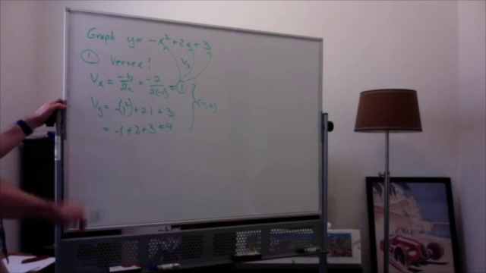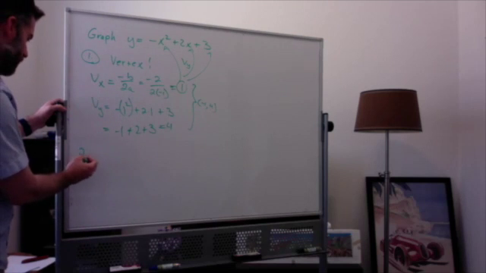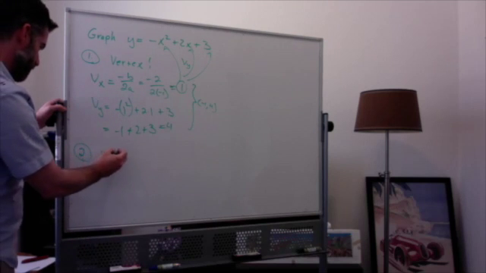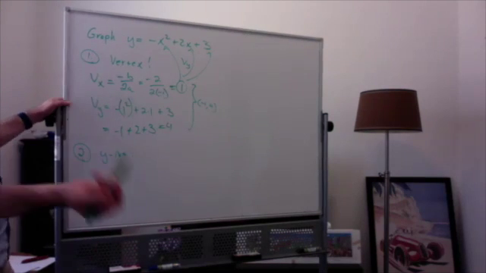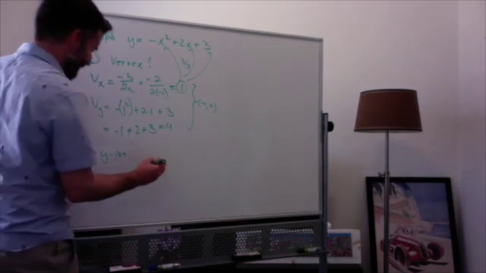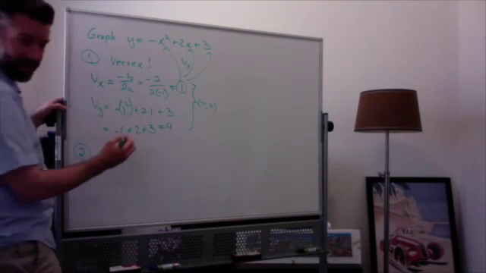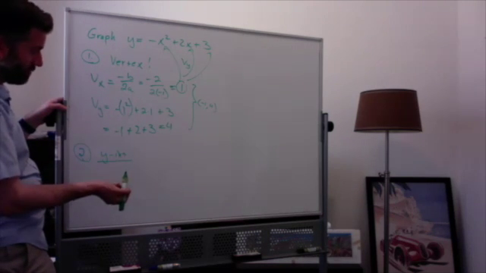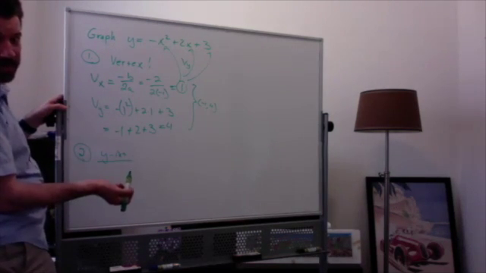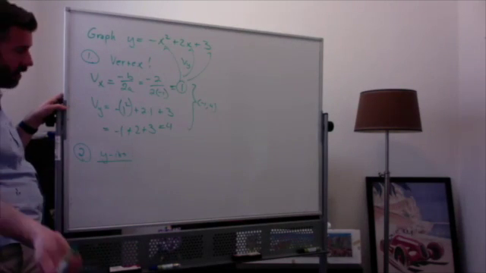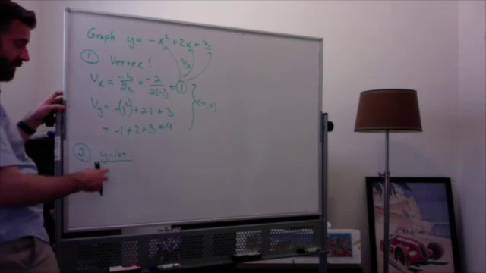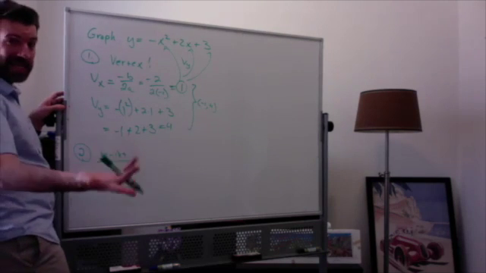Everybody, what's the y-intercept? Anybody, what's the y-intercept? Nobody? 3, 4. I heard 3. I think I also heard 4, but it is definitely 3. So the way we find the y-intercept is by setting x equal to 0.